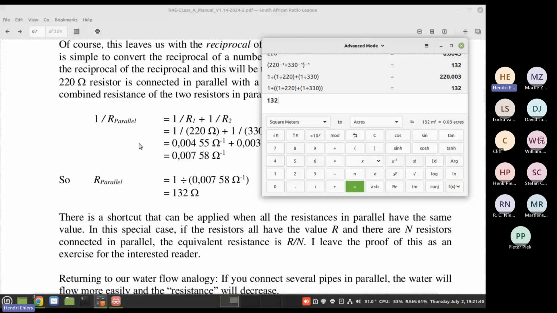An easy way: if you use two resistors of equal value, the result will be half the value that you use. So, for argument's sake, say a 10 ohm resistor, two 10 ohm resistors in parallel, we know that it would be 5 ohm resistance. What did I do wrong?